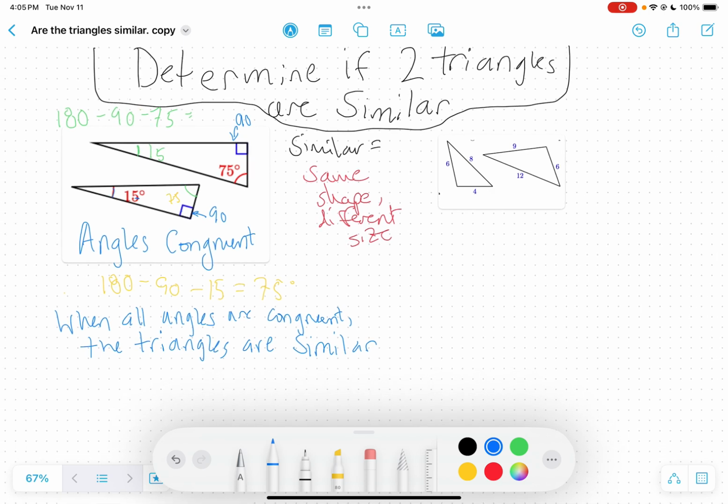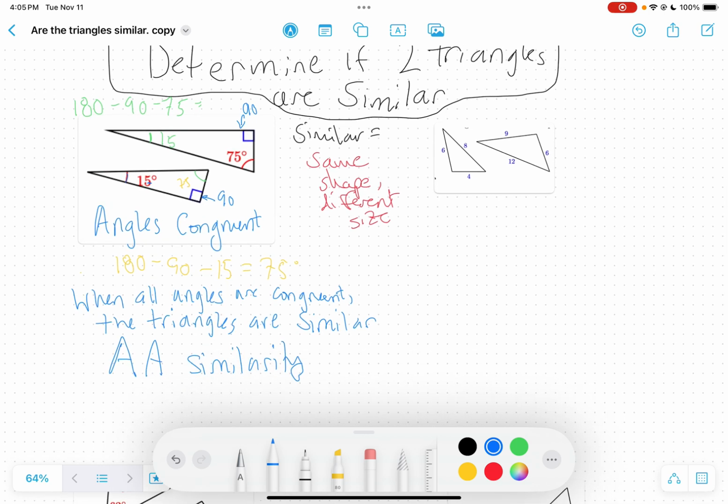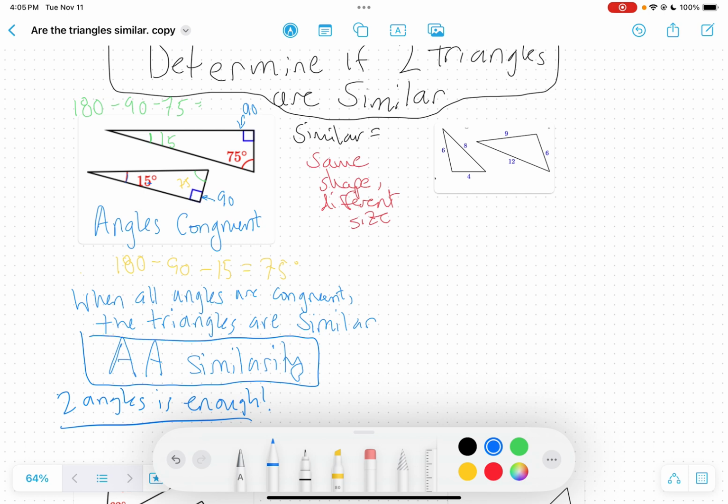And so that means that there's angle similarity. What all that means is that two angles is enough. So once you see that two angles are congruent, then you know the triangles are similar. This is one type of similarity, angle similarity.